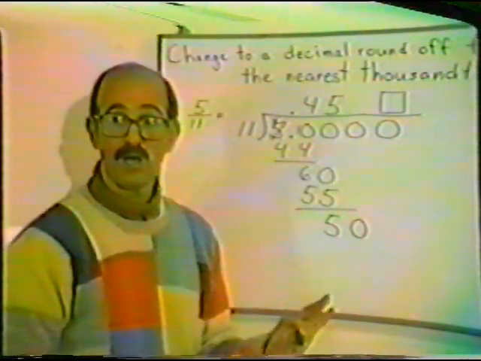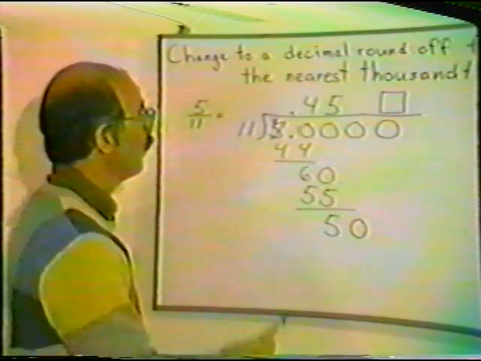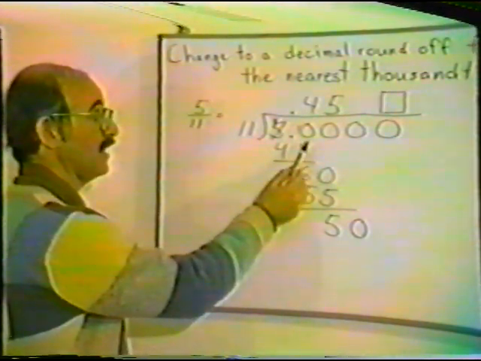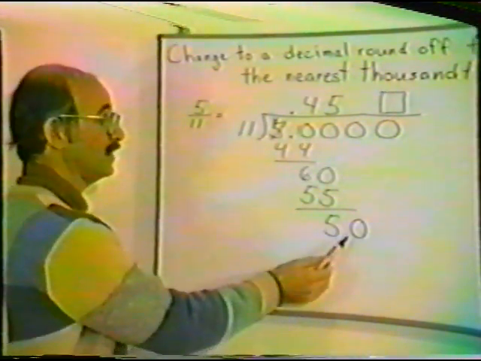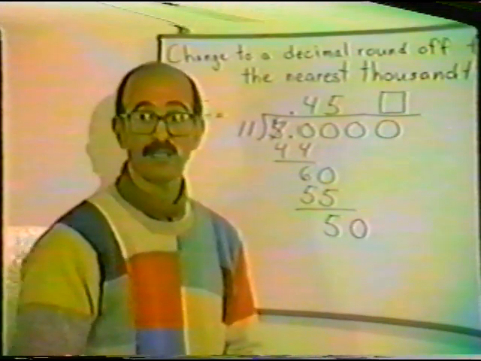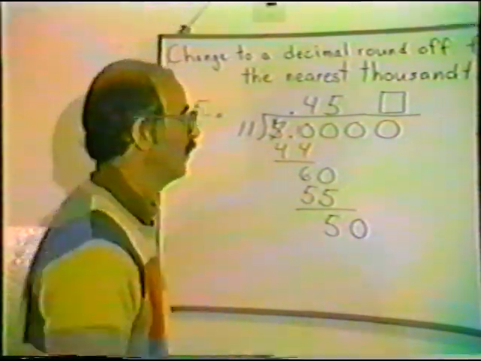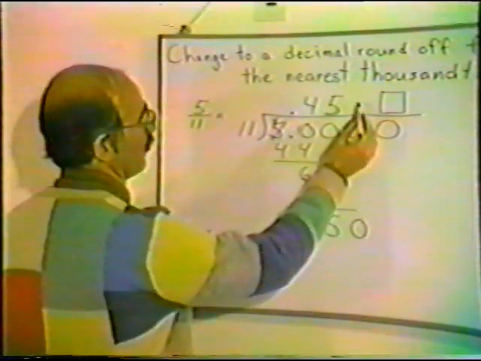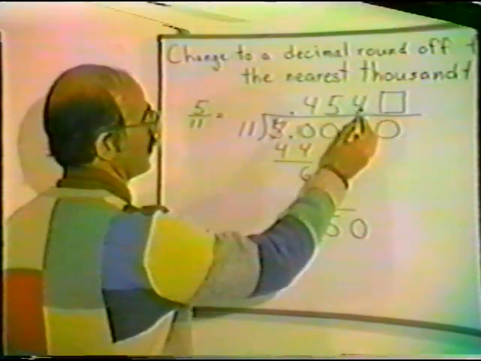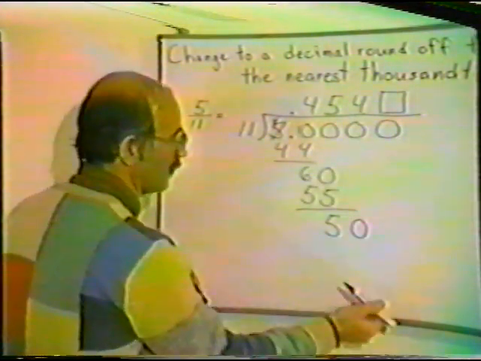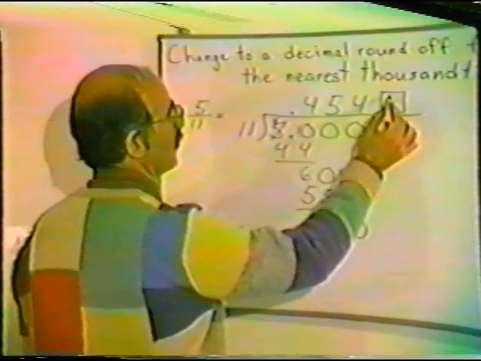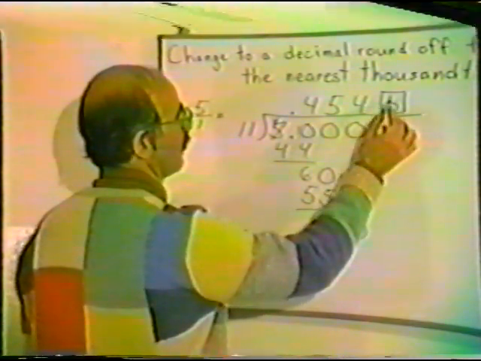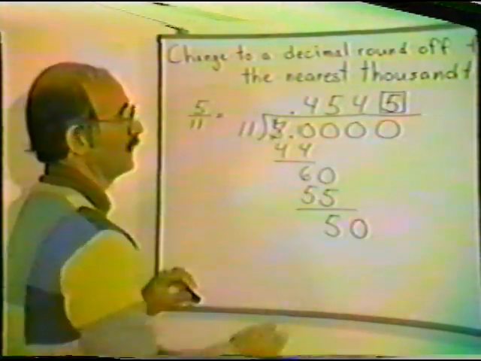But you say, Uncle Dan, wait. We did 11 into 50 up here, and now we're going to do it again. I think it's starting to repeat. Well, yes it is. We're going to have a 4 here, and if we were to do the work, we would discover that we're going to have a 5 here.